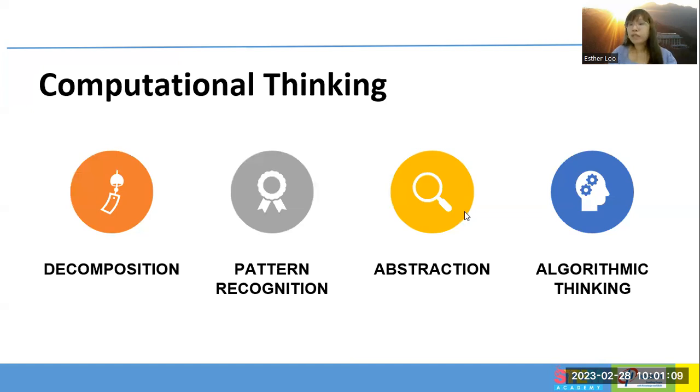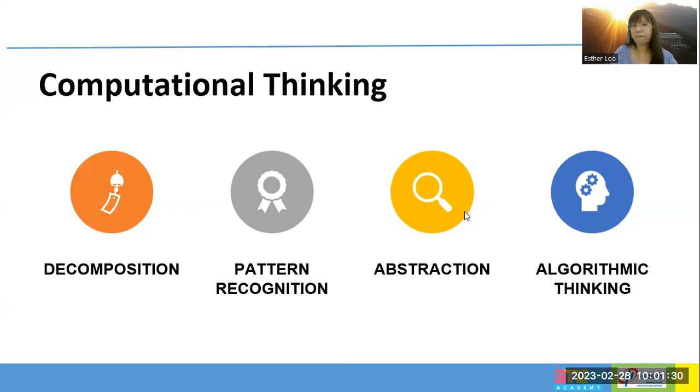So computational thinking consists of 4 steps. Let me explain to you one by one. Decomposition, pattern recognition, abstraction, followed by algorithmic thinking. Decomposition is breaking down complex problems into more familiar or manageable subproblems.